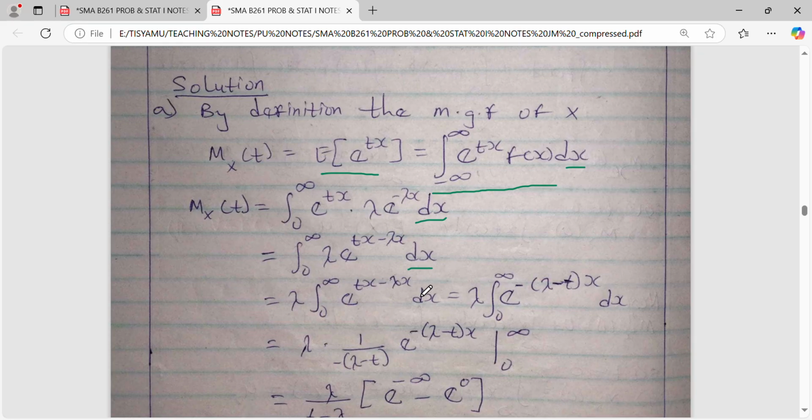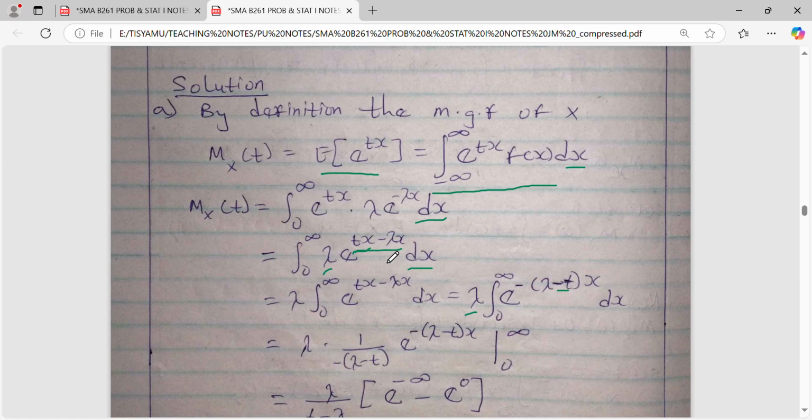Next, we factor out lambda, and also in this exponential we factor out negative x because it is common. In the first term, when we factor out negative x, we remain with a negative t, which is this one here.